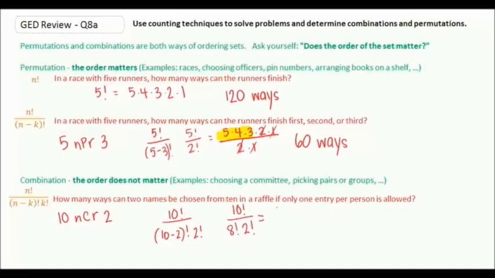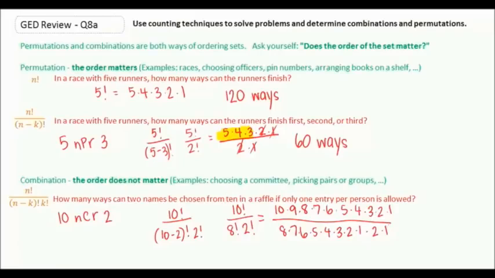And now let's write it out. We have 10 times 9 times 8 times 7 times 6 times 5 times 4 times 3 times 2 times 1. And then 8 times 7 times 6 times 5 times 4 times 3 times 2 times 1, and then another 2 times 1.